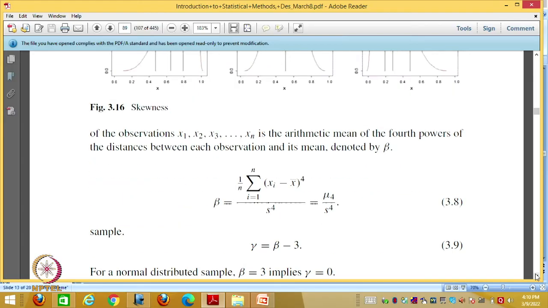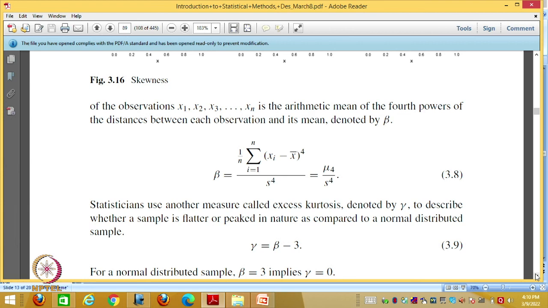The mean is the first order moment and the variance is related to the second order moment, and the skewness and kurtosis are the higher order moments. Kurtosis involves the fourth order moment.